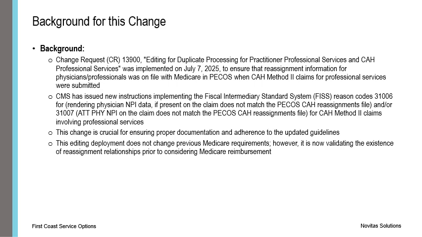CMS has issued new instructions implementing the FISS reason codes 31006, for when the rendering physician NPI data, if present on the claim, does not match the PECOS CAH reassignment file, and/or 31007, when the attending physician NPI on the claim does not match the PECOS Critical Access Hospital reassignment file, for CAH Method 2 claims involving professional services with revenue codes 96X, 97X, and/or 98X.